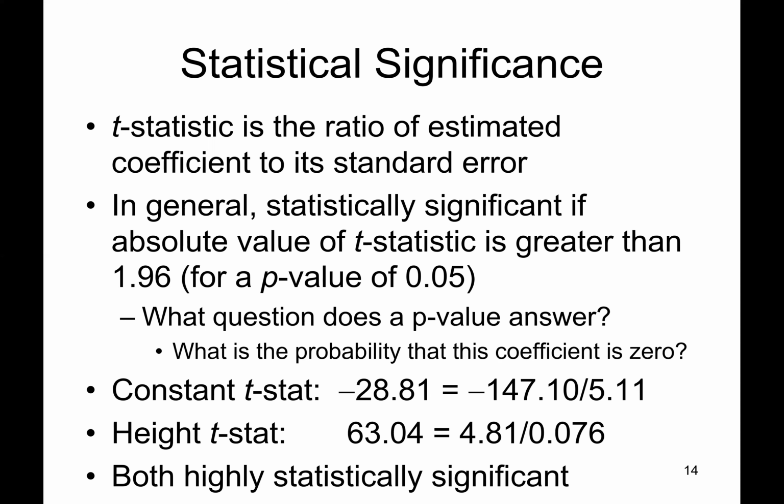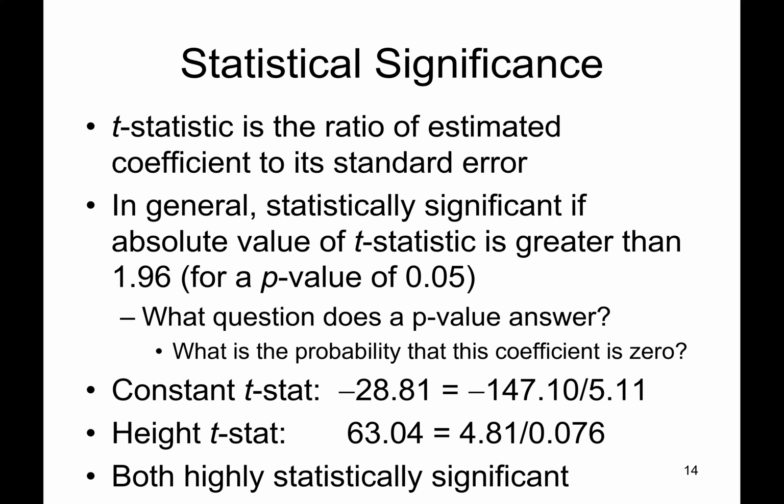I think that's maybe a little bit too liberal, but what that means is that if you have a p-value of 0.05, there is a 5% chance that the true value of the coefficient is in fact 0. So the lower the p-value, the less credible it would be to say that there's no relationship.